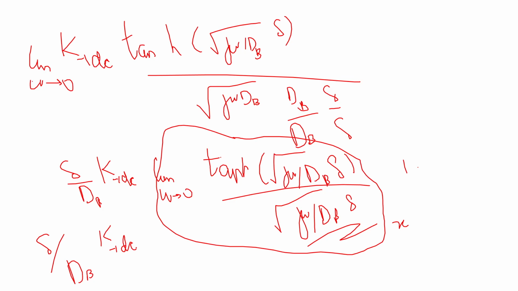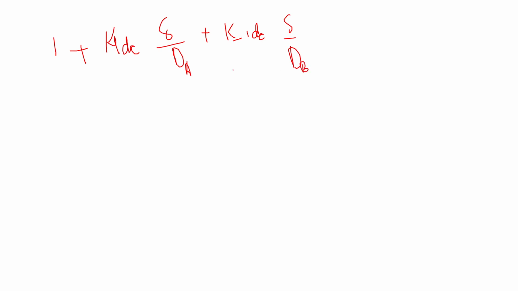Okay. So finally, when you do it, what you will be getting is RP means 1 plus k1 dc del by dA. Please substitute the values and find out the answer, and then let me know.